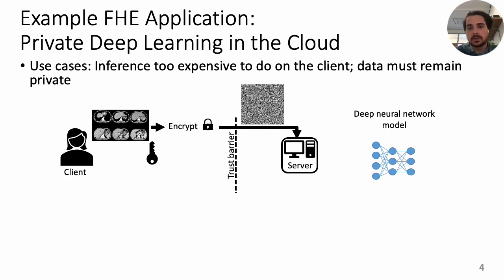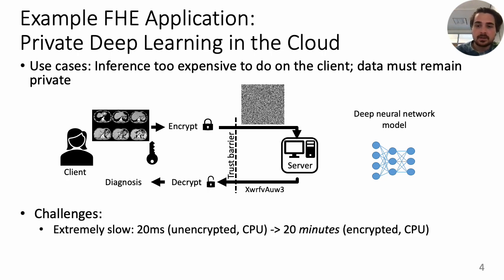The neural network weights themselves can either be encrypted and hidden from the server or unencrypted. She receives her encrypted result back, decrypts it, and sees the diagnosis. As the DNN inference is run on encrypted data, the doctor does not need to trust the cloud provider to keep the CAT scan private.